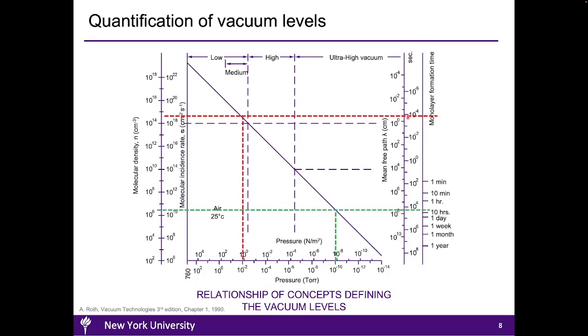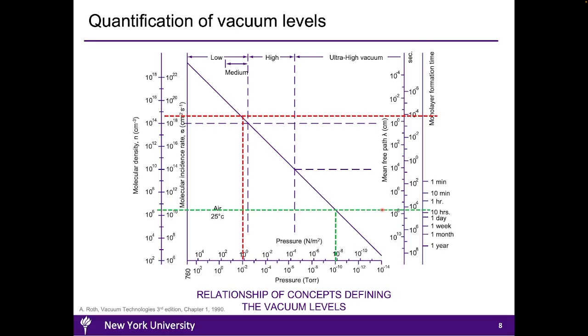In contrast, when the vacuum level improves from 100 millitorr to about 10 to the power minus 10 torr, which falls in the ultra-high vacuum regime, the molecular density drastically decreases by almost about 9 orders of magnitude.